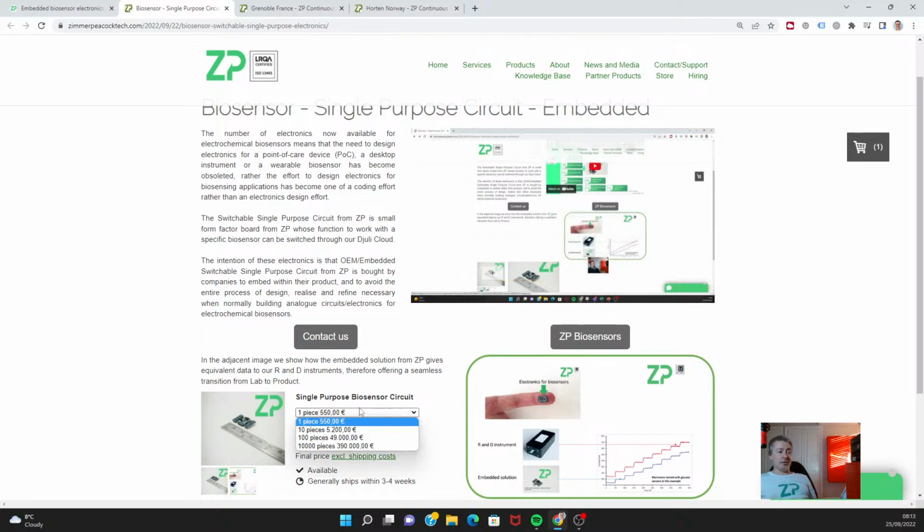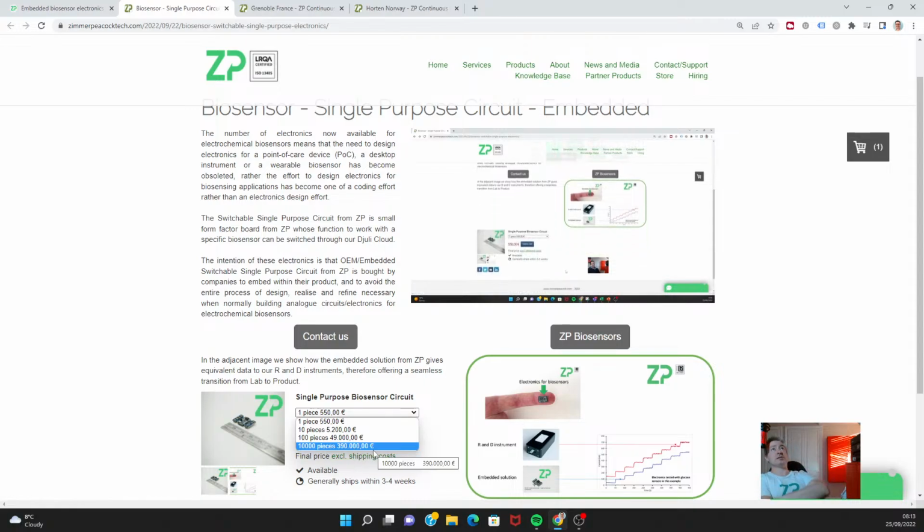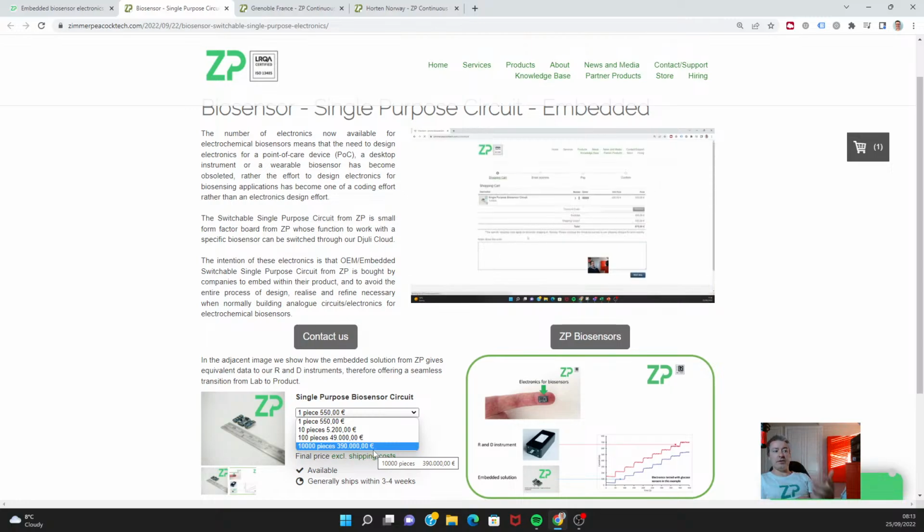And so we're showing people how the price breaks down with volume. Because what happens is people get stuck in a development effort. They want to make some sort of, for example, SMBG, self-monitoring blood glucose strip. So they come to ZP for the sensor. We can give them the sensor, and then you actually find that they get stuck on the electronics.